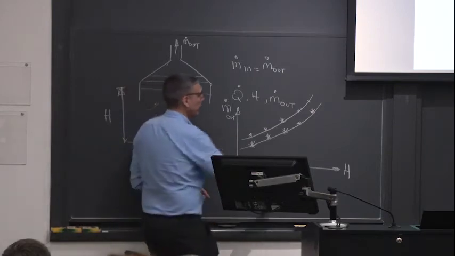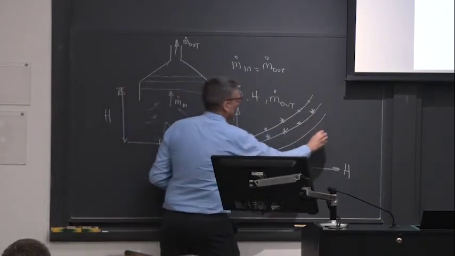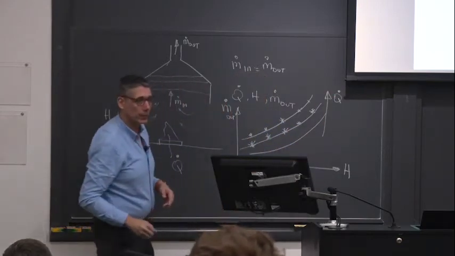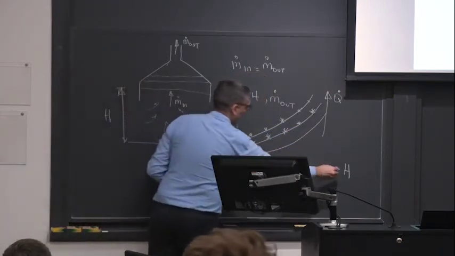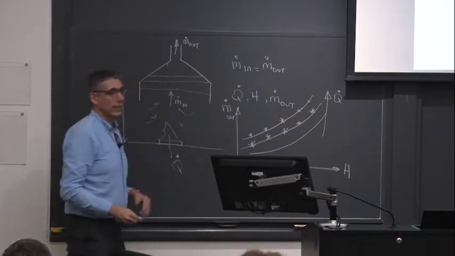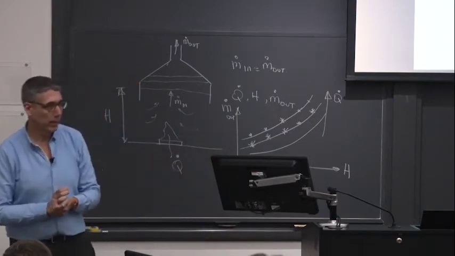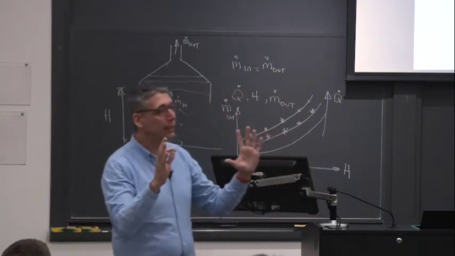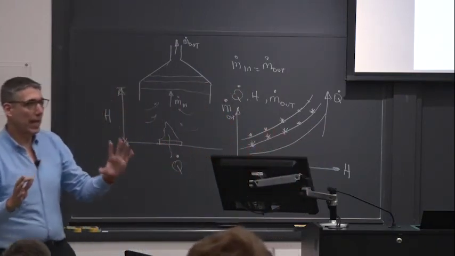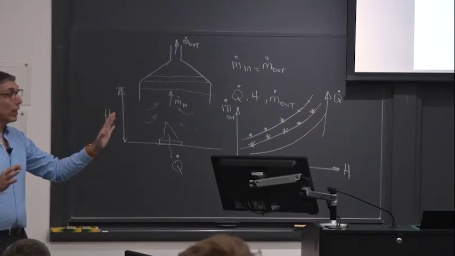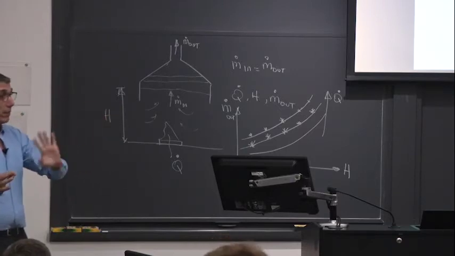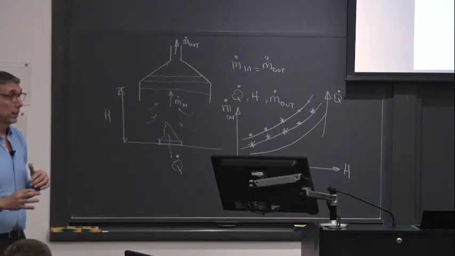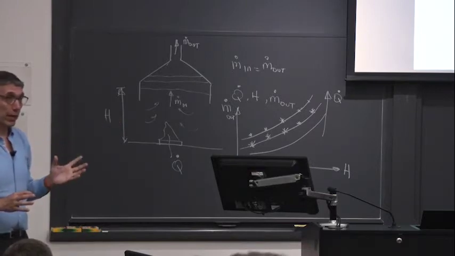Okay? And then I'm going to do it again. So Q goes up. Okay? H goes up, and that's it. I have my empirical correlation. So now I have a plot that actually tells me how much air I'm entraining as a function of H and as a function of Q. Is that okay?